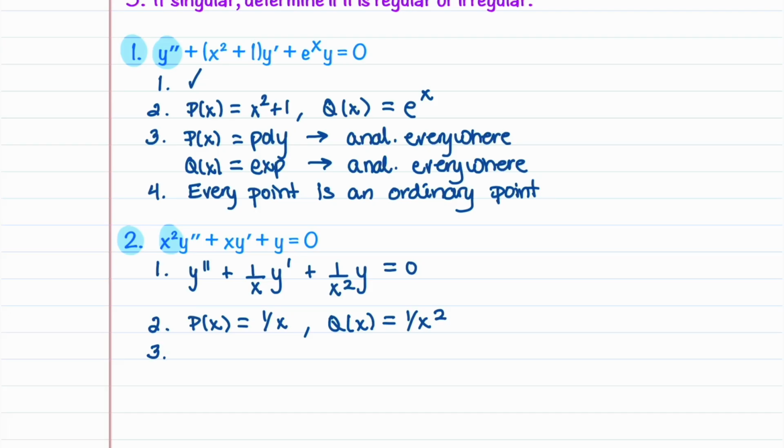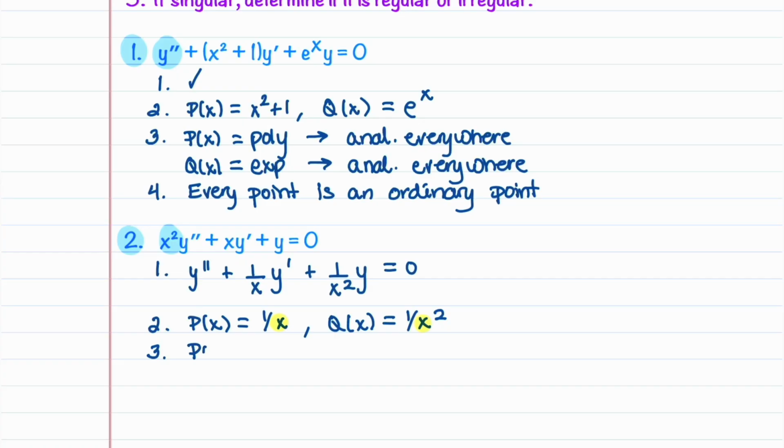In step 3, we need to find where p of x or q of x is not analytic. P of x and q of x are functions where we have an x in the denominator. This means that these functions are undefined at x is equal to 0. So because of this, they are not analytic at x is equal to 0.